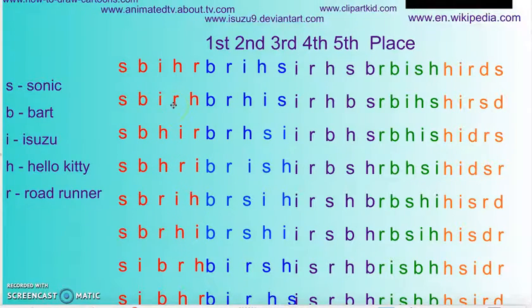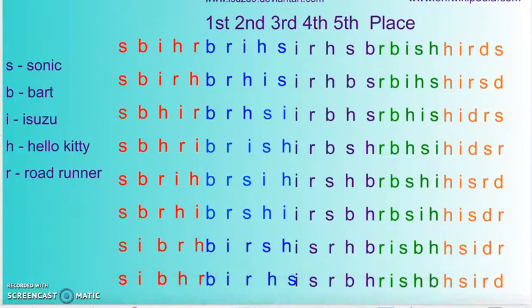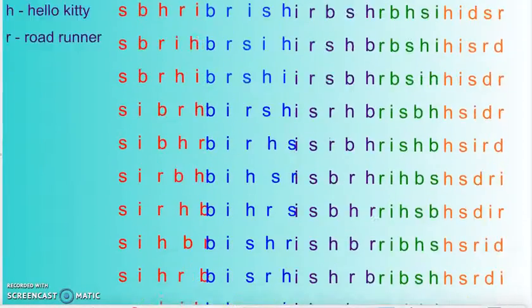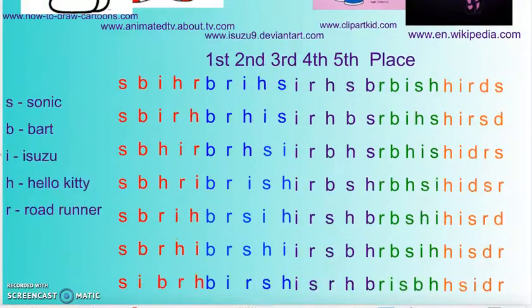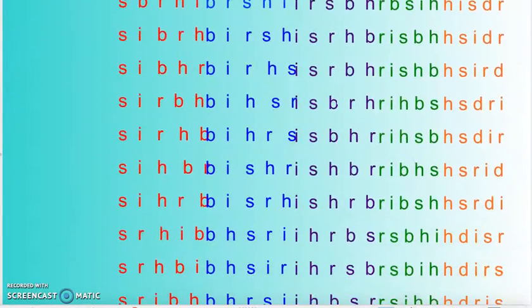And I noticed that there was a pattern. When I started with Sonic, I could rearrange the letters. I could put Bart in second place 6 different times with Sonic first, and rearrange the other ones. Then I did Sonic again, but this time I put Isuzu second, and I could rearrange 6 different ways to get Isuzu second.